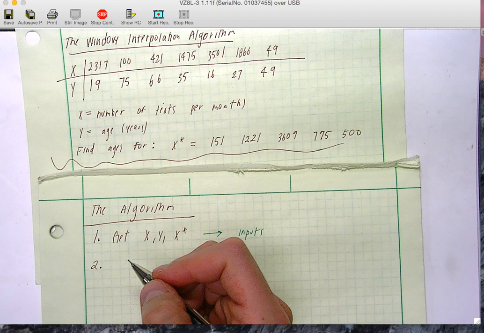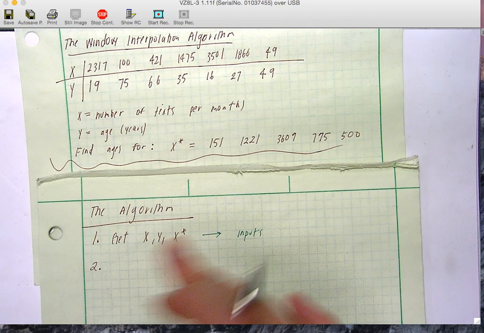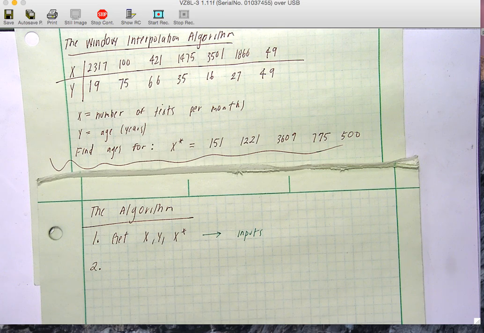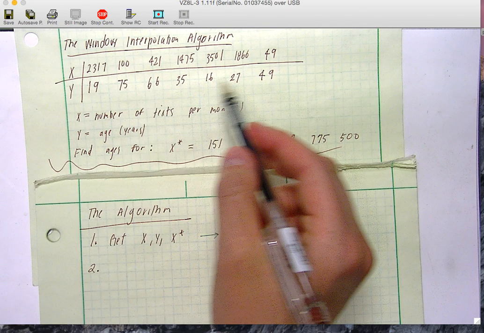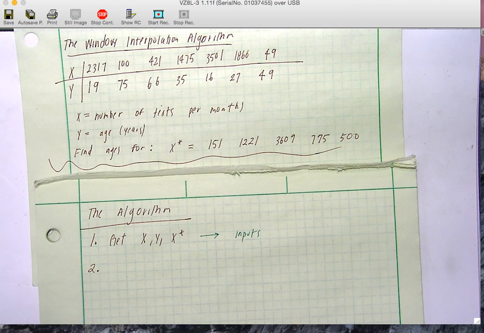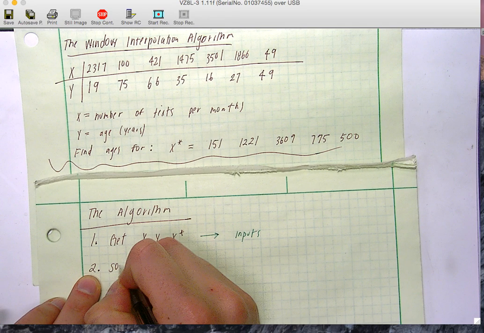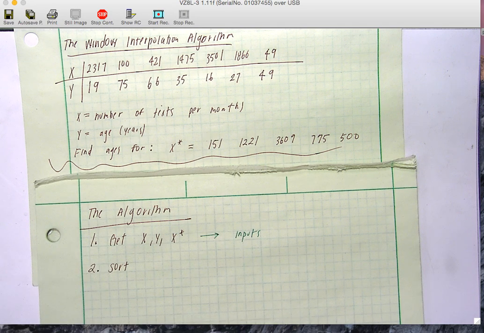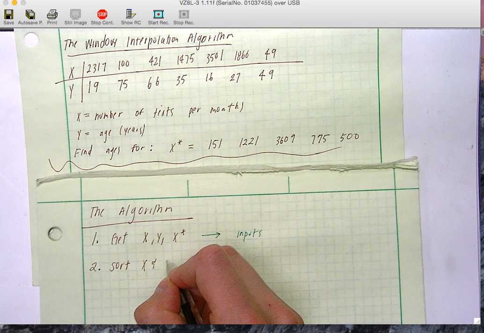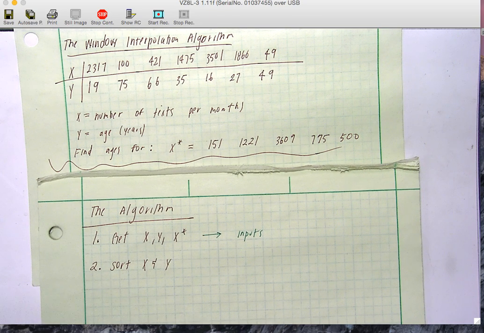So before we start actually looking for bracketing points with x star, what should we do with this data? Yeah, we need to sort it. And what do you want to sort by, x or y? Well, you're given x star values, right? So you know that 151 is the first x star, you're looking for a y star.